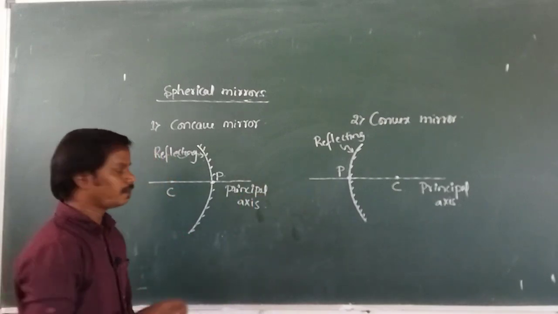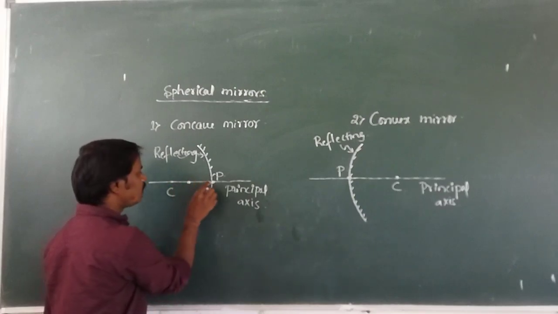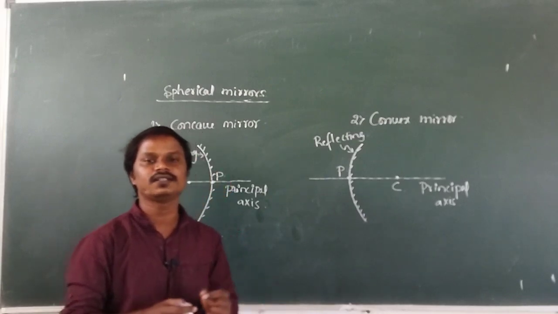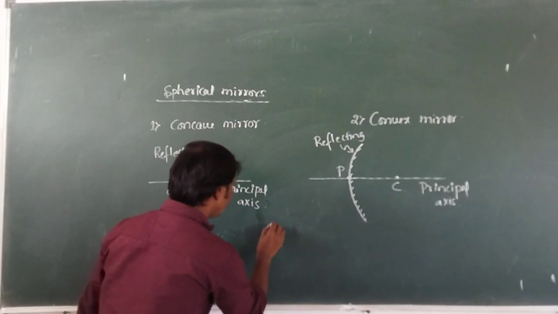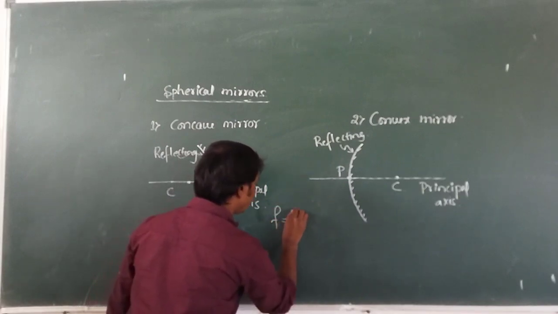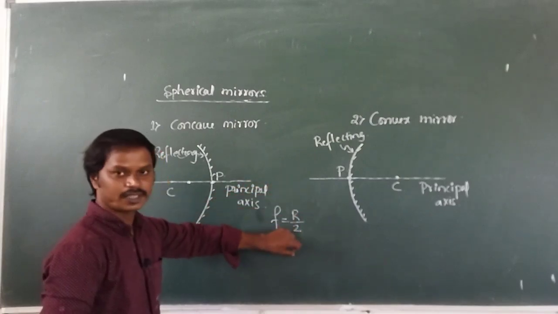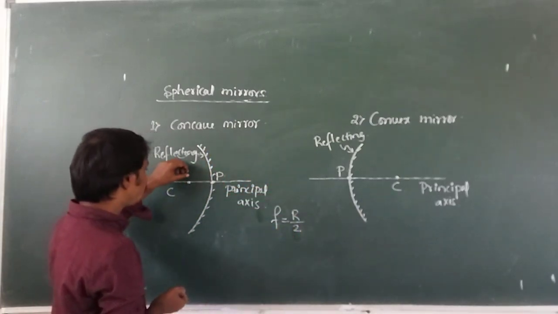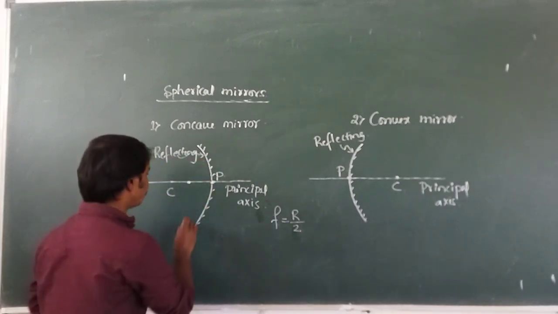Now, the focus lies exactly at the middle of C and P, because the focal length is half of the radius of curvature. F is equal to R by 2, which means the focal length is half of the radius of curvature. What is focal length? It is the distance between the focus and the pole of the spherical mirror.